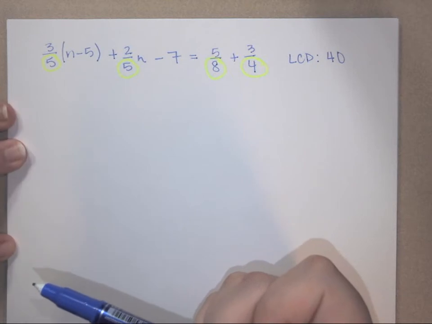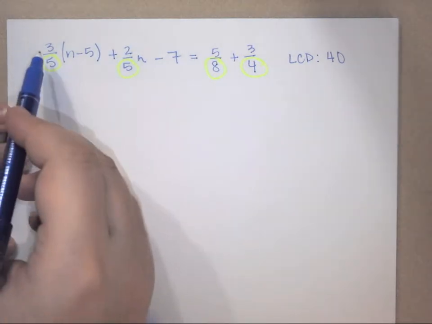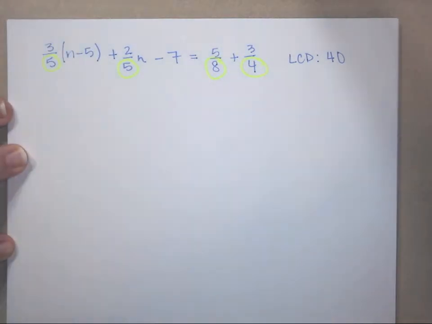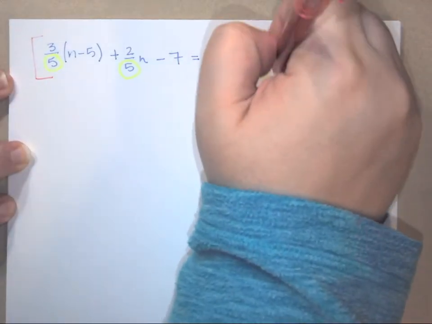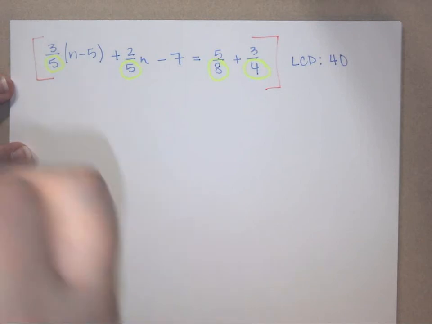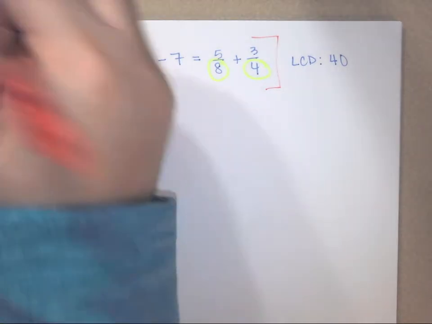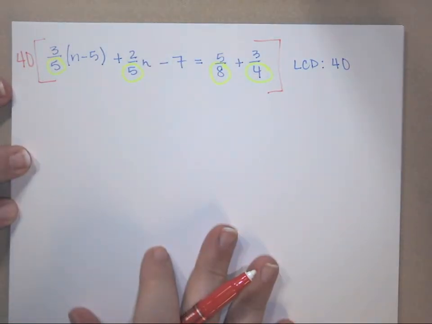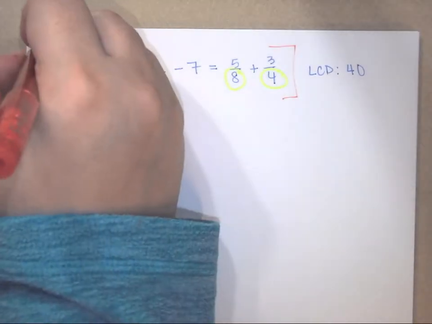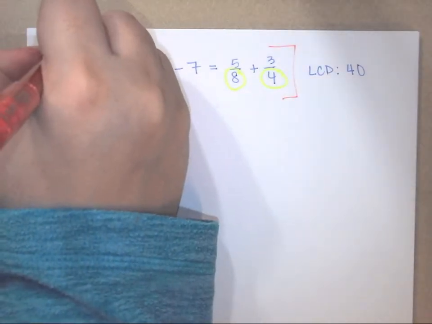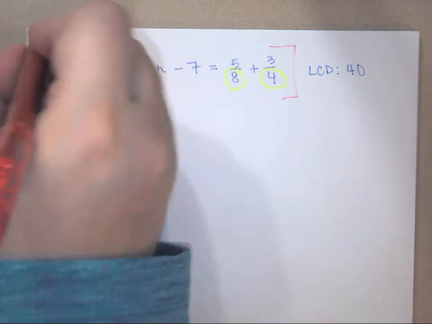So here, I'm going to take my entire equation, and I'm going to do it this way just to save on space. I'm going to multiply it by 40. So this 40 is going to multiply to the 3/5.